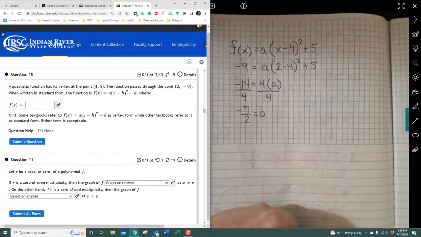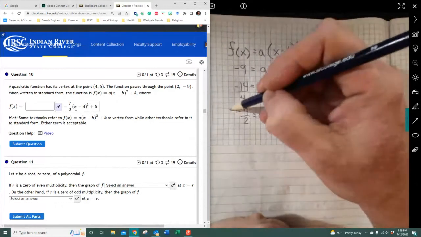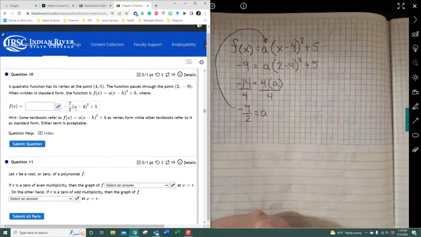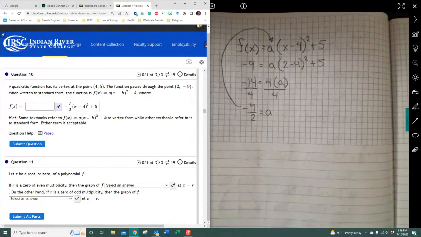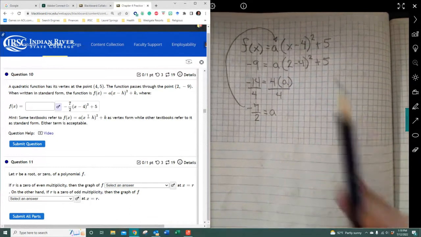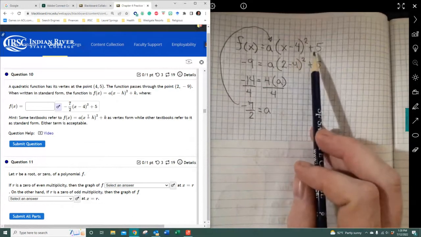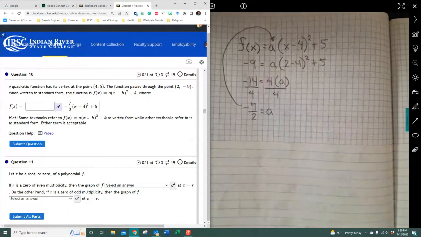Some texts refer to this as the vertex form, while others refer to it as standard form. Either term is acceptable. We generate the equation, replace in the values, and that gives us our answer. So it's a matter of using the vertex, which is the H and the K, and then using the point to determine what the A value is.